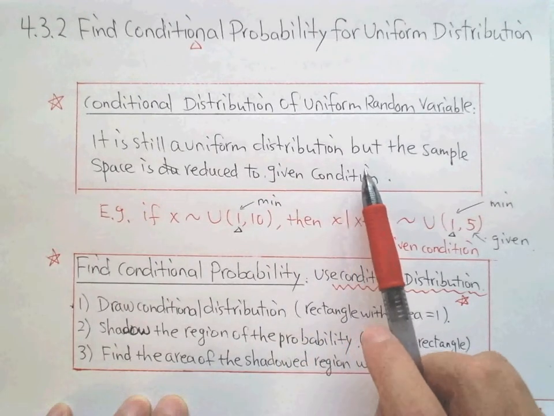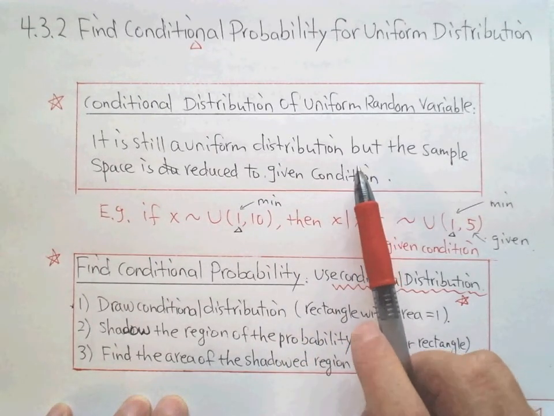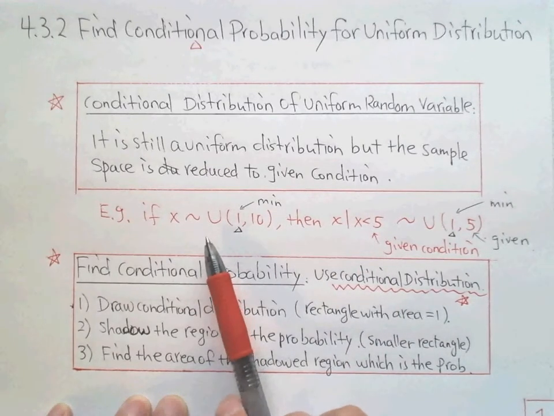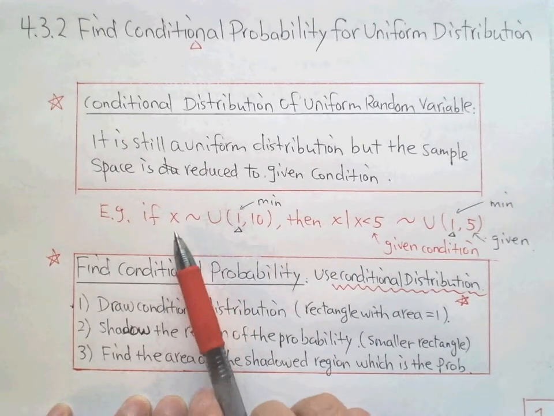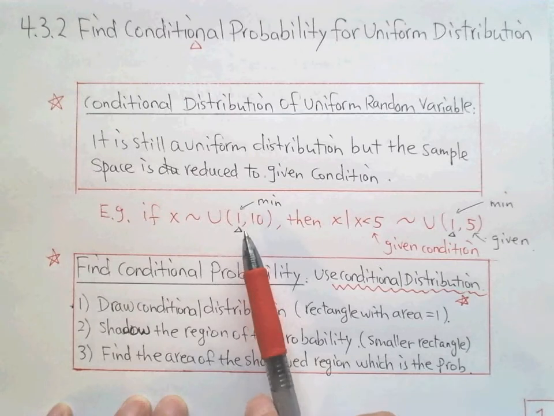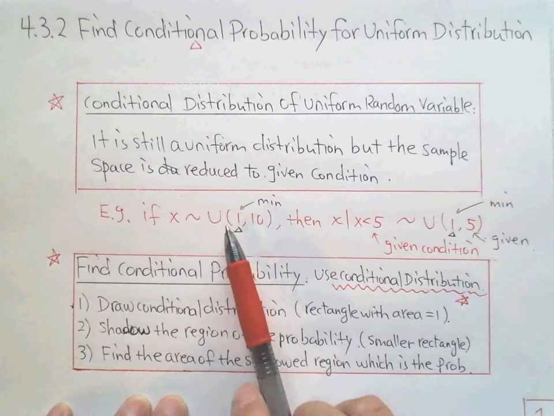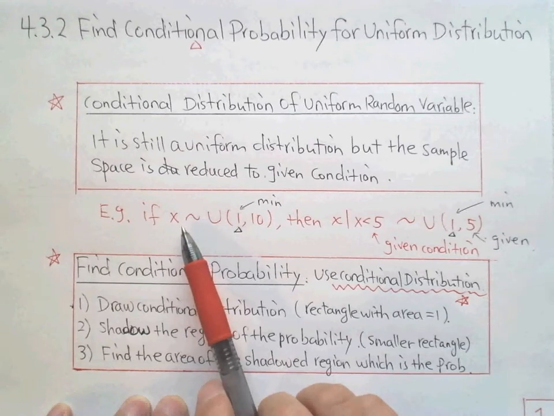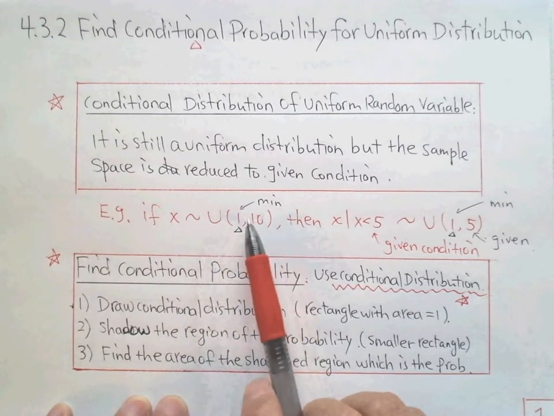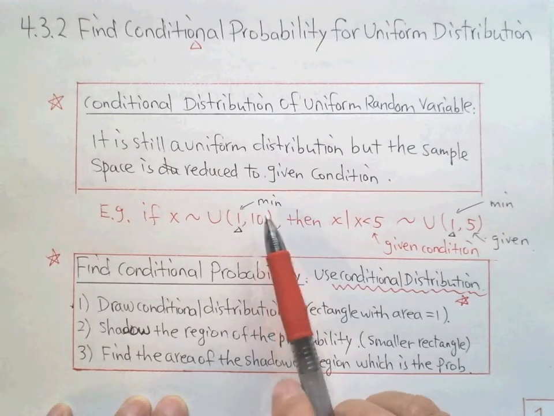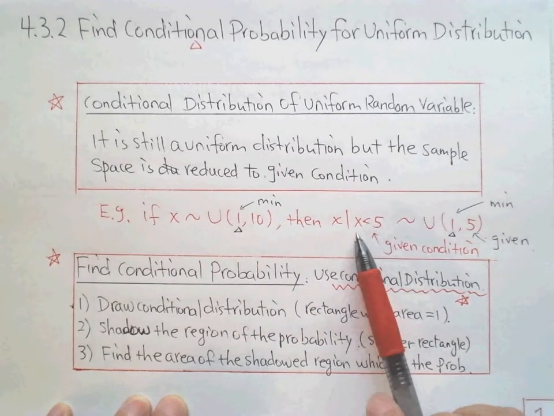From the definition of conditional probability, I'll give you an example. If x is a random variable following a uniform distribution from 1 to 10, for example, x is the waiting time of a school bus, you have to wait between 1 minute and 10 minutes. However, if I ask you another x, this is different.